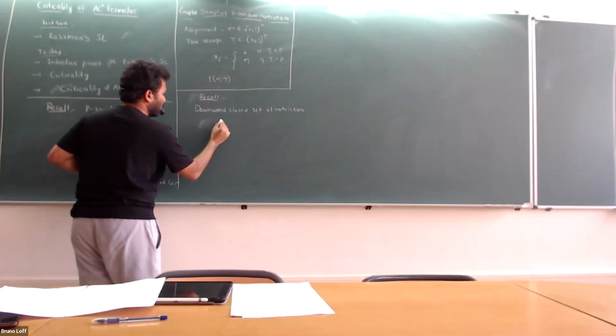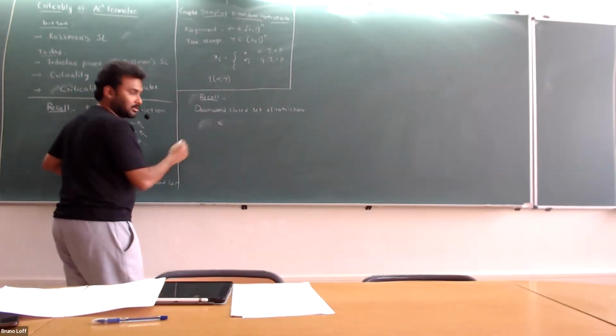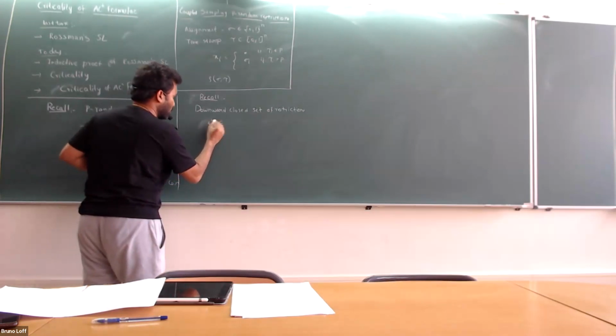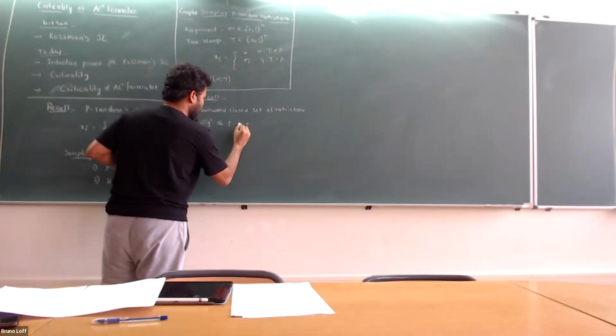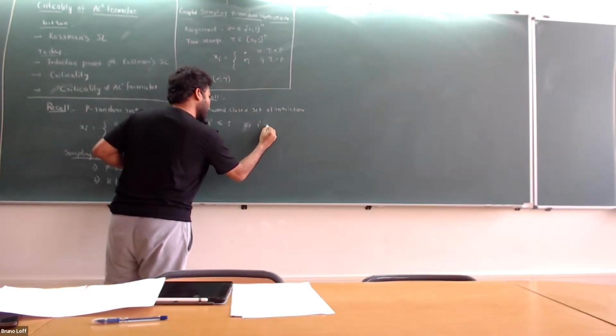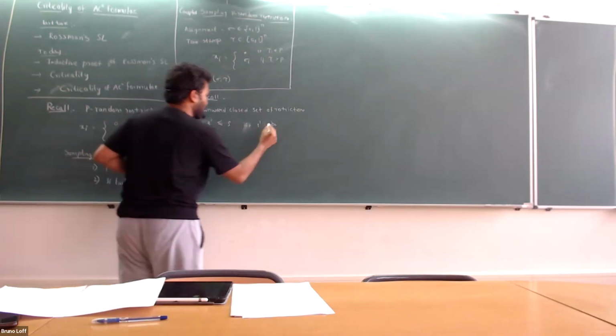So we define the partial order on restrictions: rho prime is less than rho if rho prime is obtained by setting variables of rho.